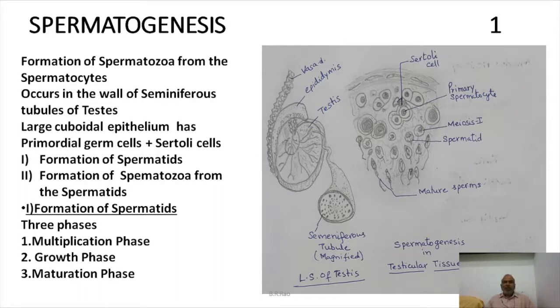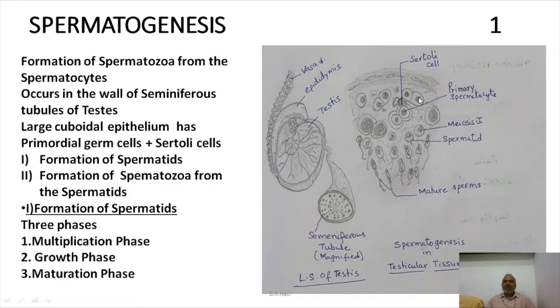Okay, so let us observe a seminiferous tubule in this diagram. This is a portion of a seminiferous tubule. You see here the epithelium, and you will find several cuboidal cells. These cuboidal cells are the stem cells.